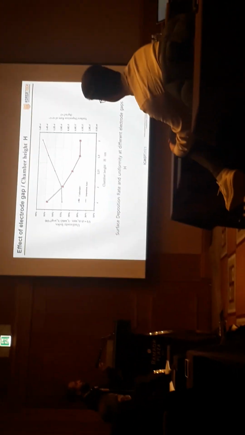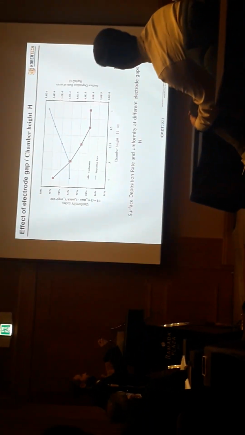With that graph, the previous graph that you showed us, the uniformity should be high enough, and also your deposition rate should be high enough. That's your objective. Yeah, the objective is to get the best deposition rate with the best uniformity.